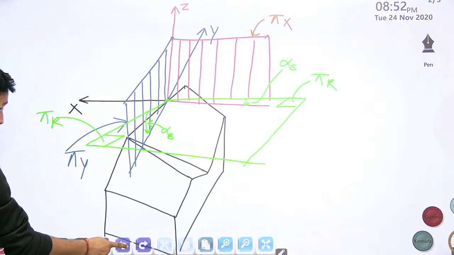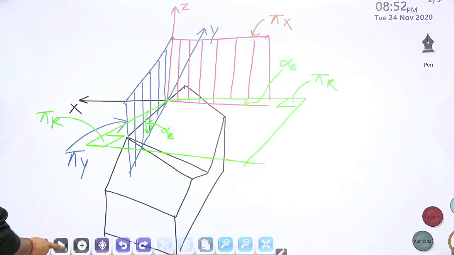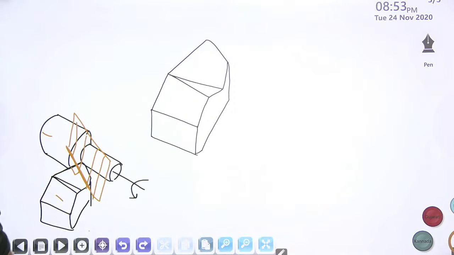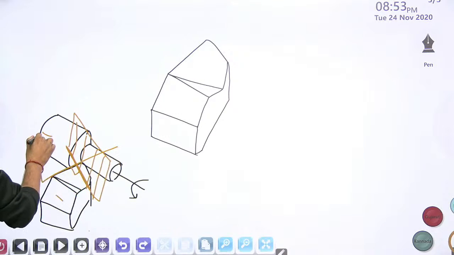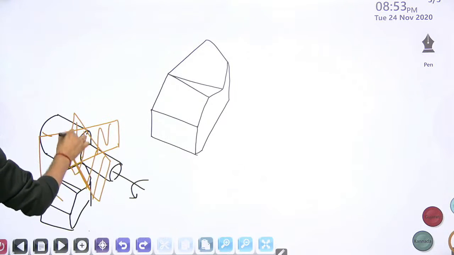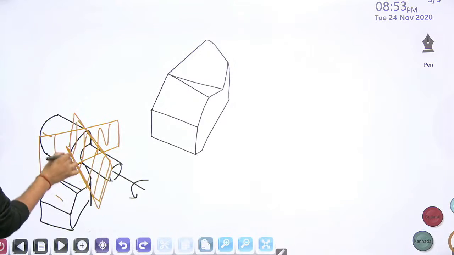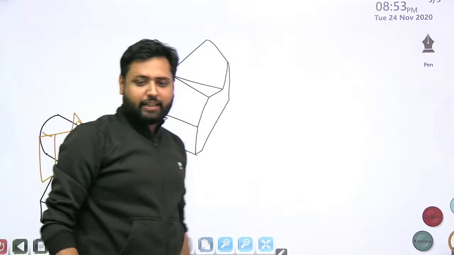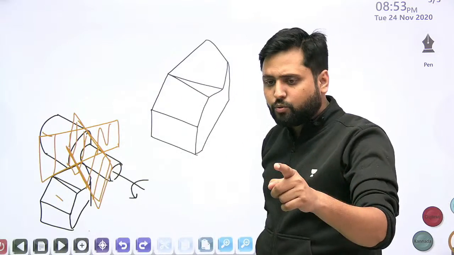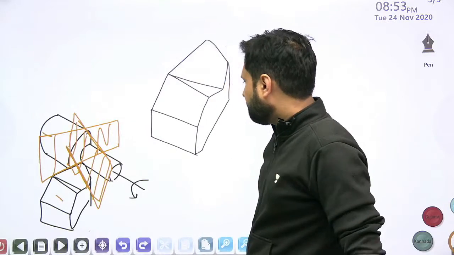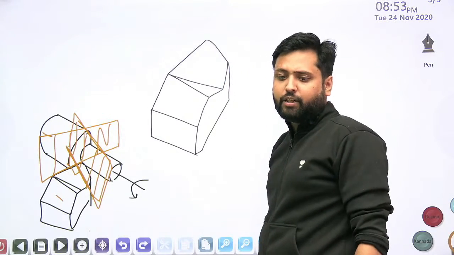But right now we discussed, if machining is happening, then forces will appear in the planes which are either along the cutting edge or in the planes which are perpendicular to the cutting edge. So my dear students, believe me, listen to me carefully.